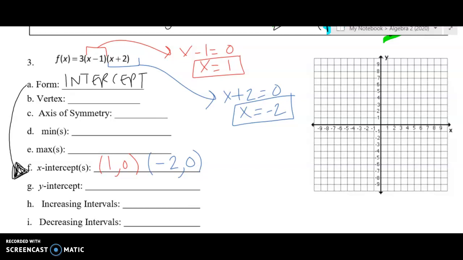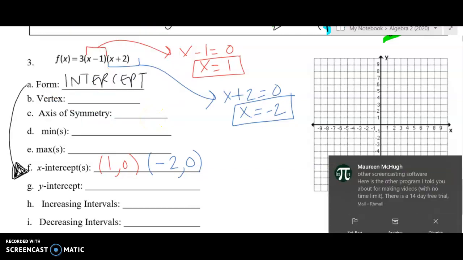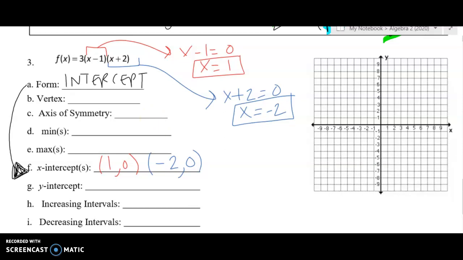Okay, I'm going to take a moment and I'm going to put those on my graph because this is a little tricky, a little conceptual. I put 1 comma 0 onto my graph, and I put negative 2 comma 0 onto my graph. So those are my two x-intercepts. To find the vertex, I'm going to count and find the symmetry, the line that cuts those 2 points in half.